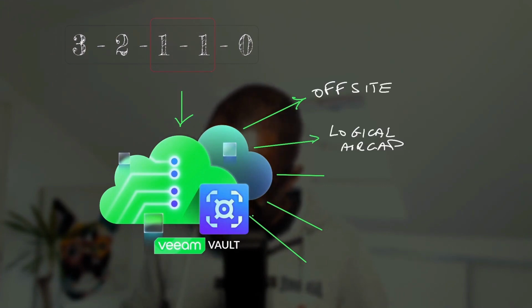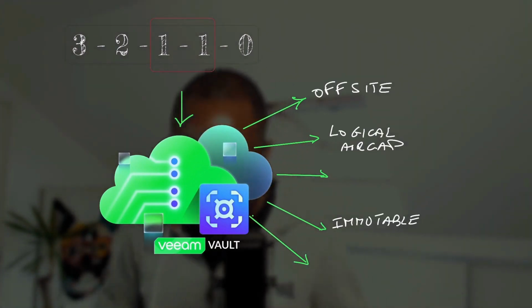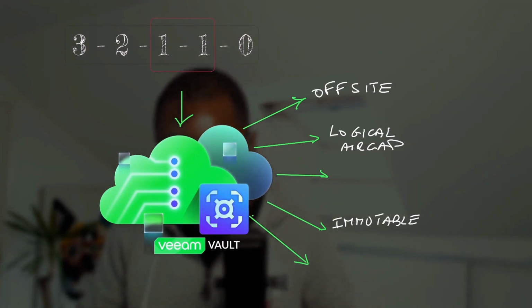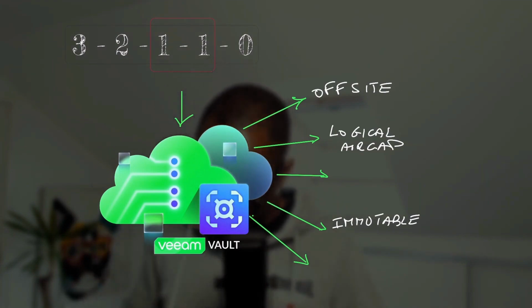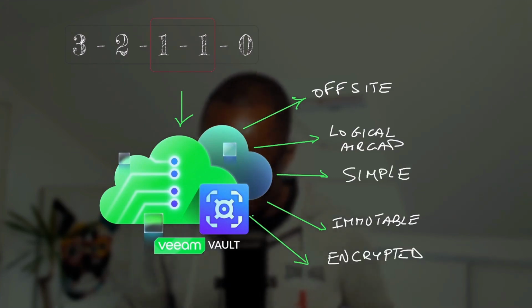It enables you to have an immutable copy because in this scenario, we use the immutability mechanisms available in Azure Object Storage, and a backup copy that is also encrypted. And all of this comes with a lot of simplicity in the configuration. You will see this in a moment during the demonstration.